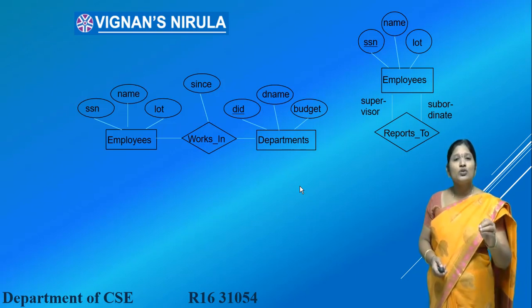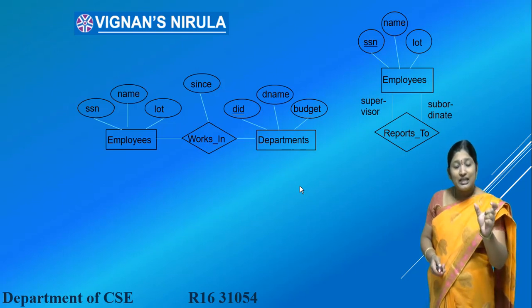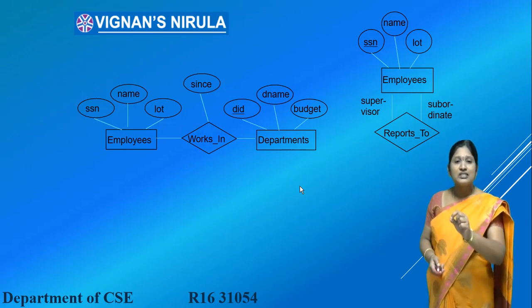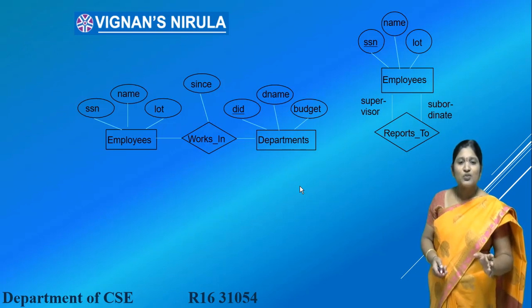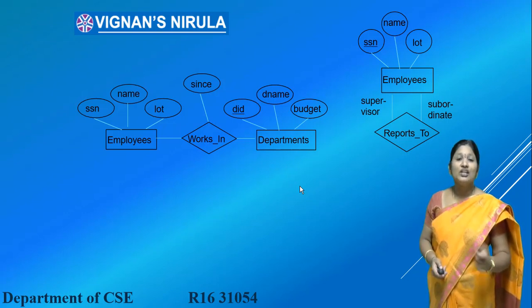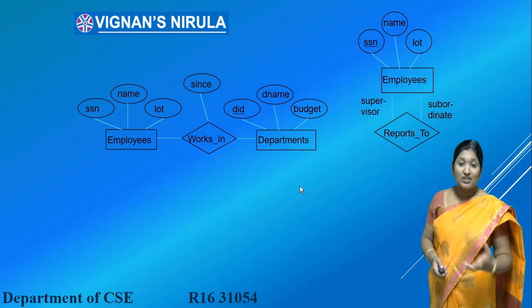Since is an attribute that describes a property of a relationship. Works_In since. Since is related to the relationship. So that attribute must be connected to the Works_In relationship, and the attributes that describe the relationship are called descriptive attributes, which describe the relationship set itself.